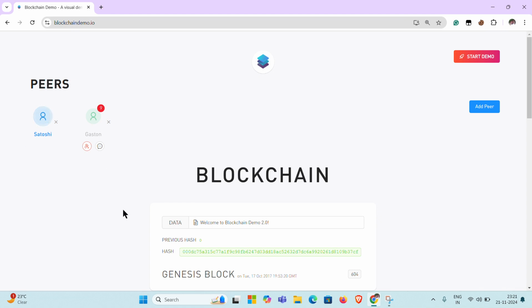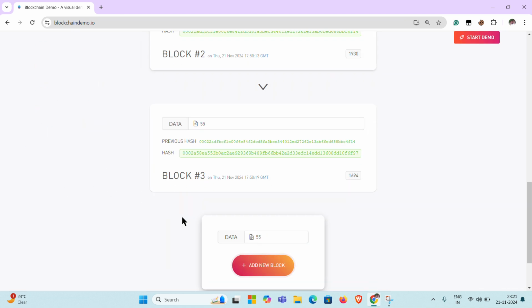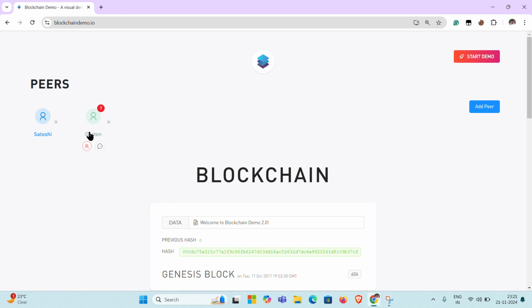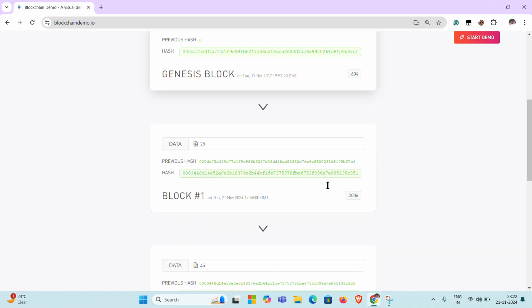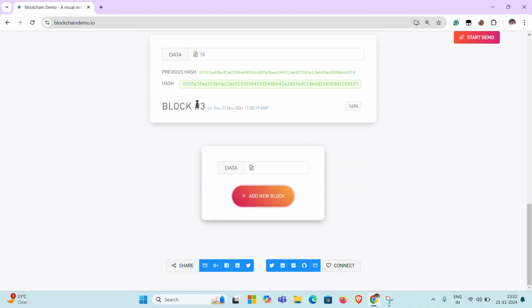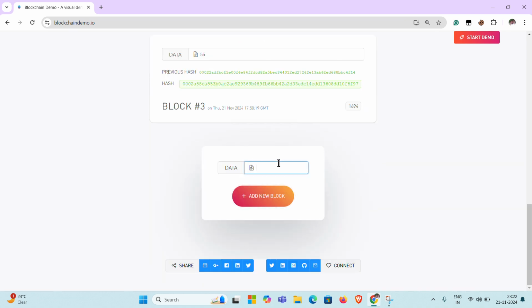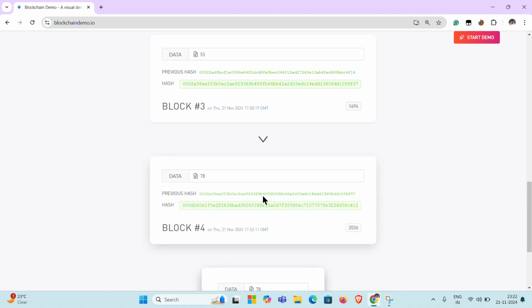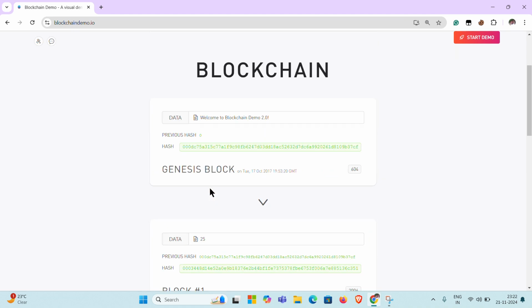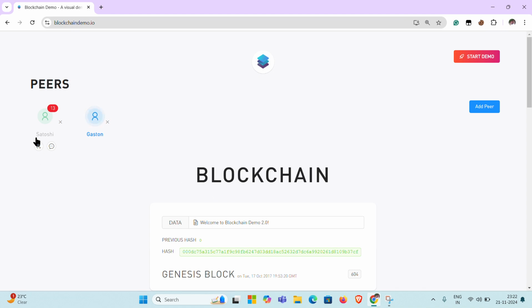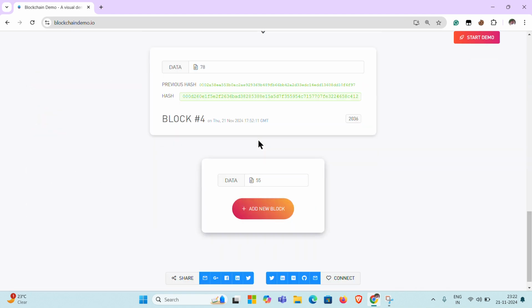Once connected, all the block information of Satoshi is also added into the cache. Suppose the second node adds data, any transactional data, that is also updated to this block automatically.